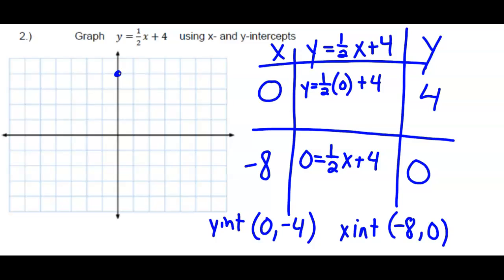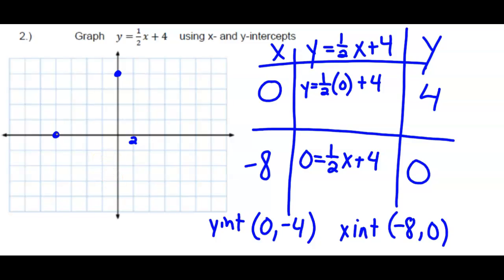-8's not going to fit on here. So what can I do? I could change my scale. I could make each one of these 2. So if this is 2, then this is going to be -2. So I'd have -2, -4, -6, -8. And it's okay for your scale to be 2 going across, but 1 going up.